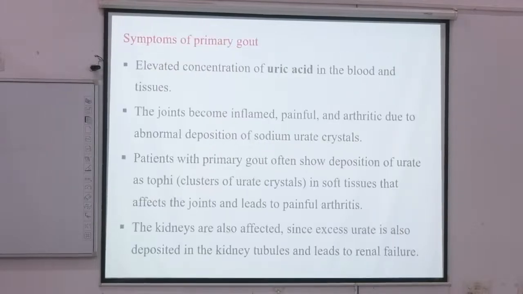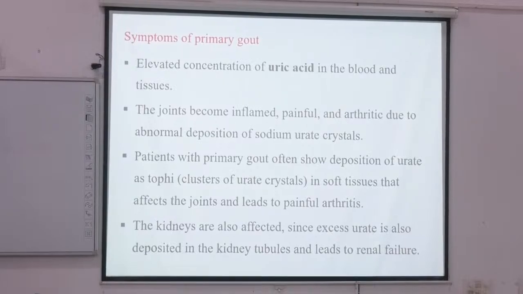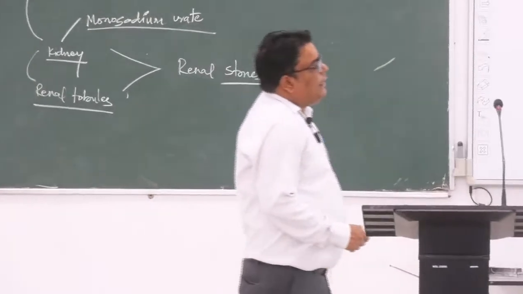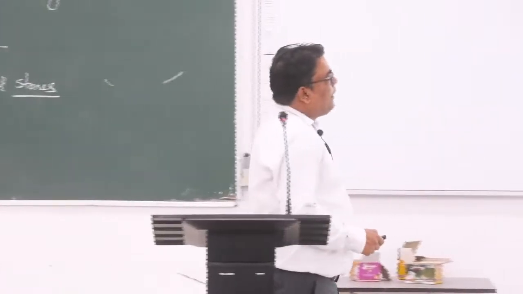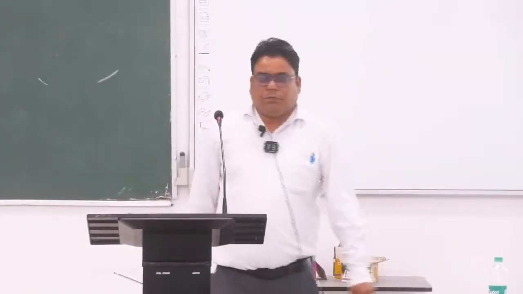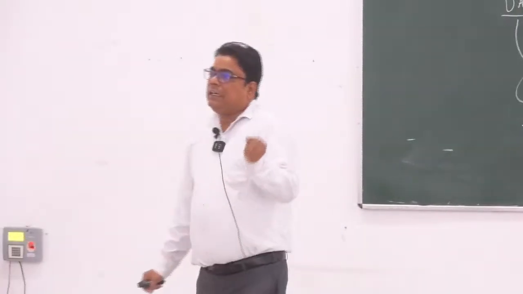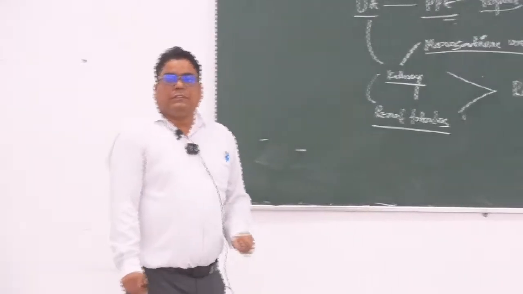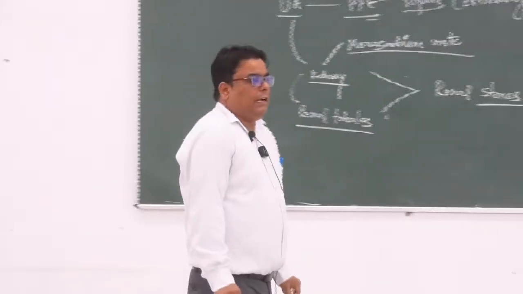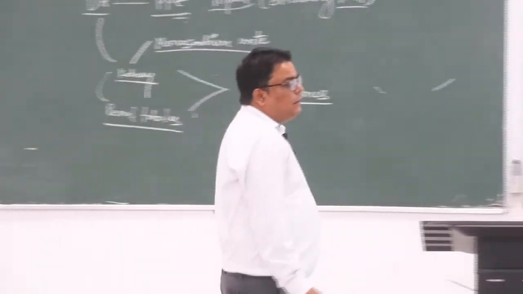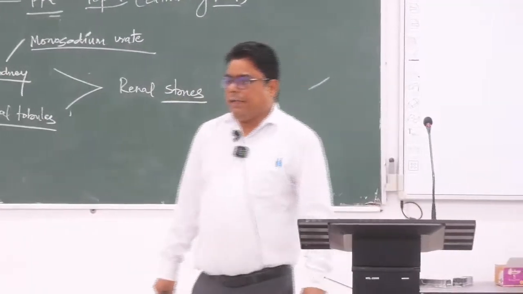So all these are considered primary causes. And symptoms of primary gout are what? They are elevated and increased concentration of uric acid in the blood and tissues. Increased concentration. How much is the normal value? It is 5 to 7 mg per dl for male, and for female it... we already gave the values.